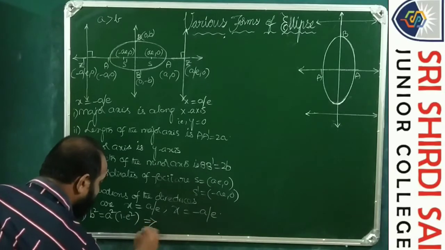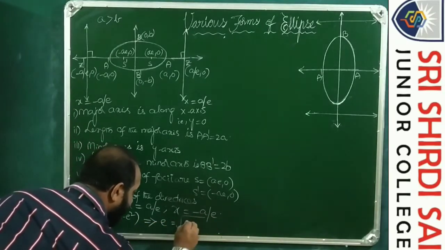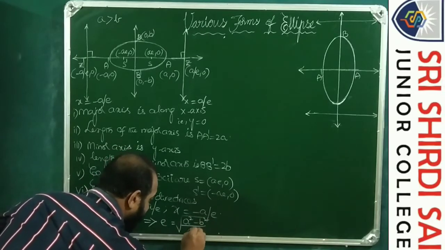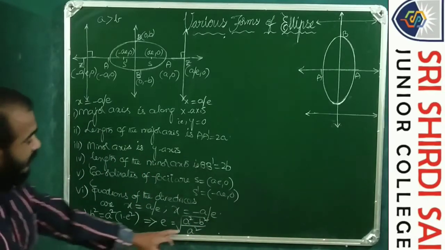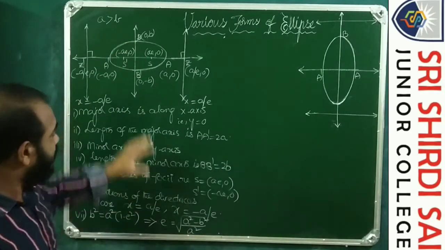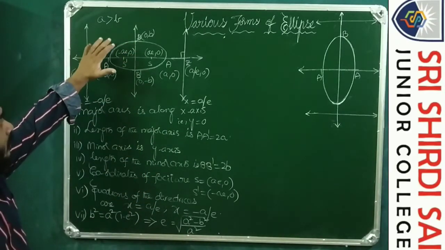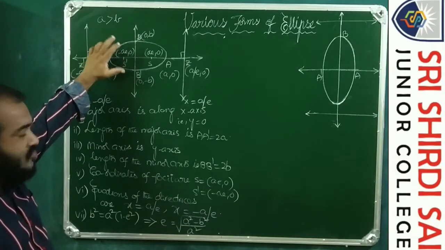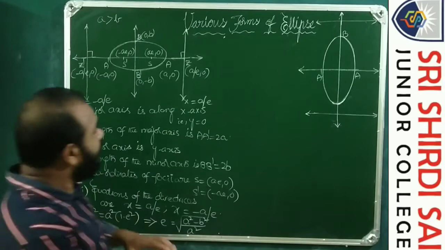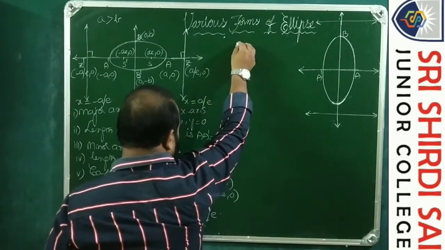From this, E is equal to the square root of A square minus B square by A square. So it is bigger square minus smaller square by bigger square. These are the characteristics of this ellipse with A greater than B. So what if the ellipse is of this form?